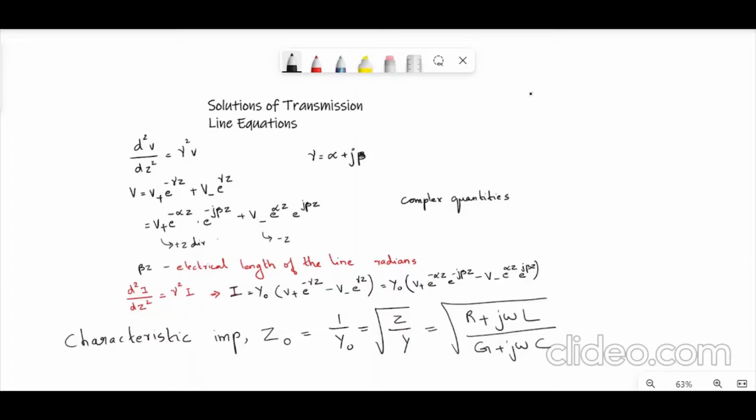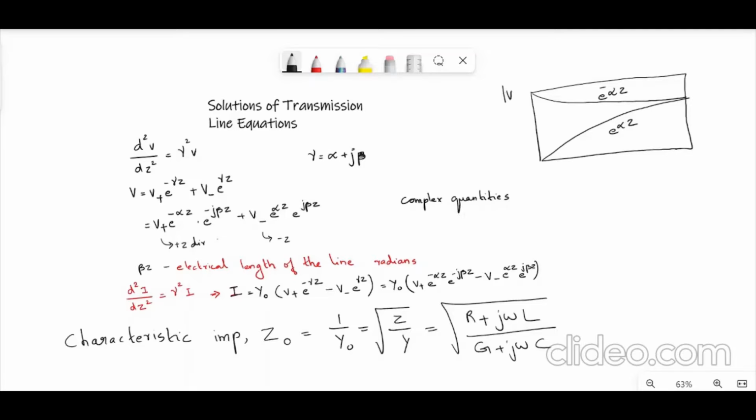And the voltage wave can be represented as: this will be e raised to minus αz, and this will be e raised to plus αz, and this will be V+, and this will be V−. So this is the voltage wave where we have positive and negative directions.